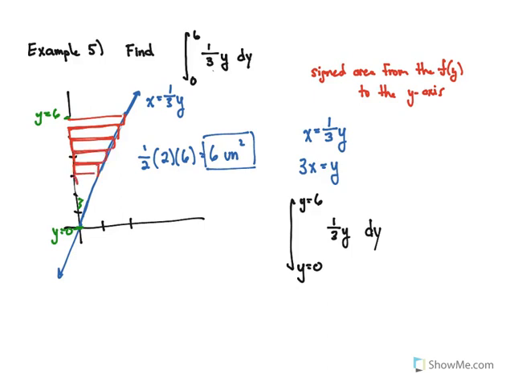That's where all this is coming from, and we could estimate this area with a bunch of rectangles. In this case, the rectangles are horizontal rectangles. The width of those is going to be f of y sub i for some y, and the height is going to be some delta y.